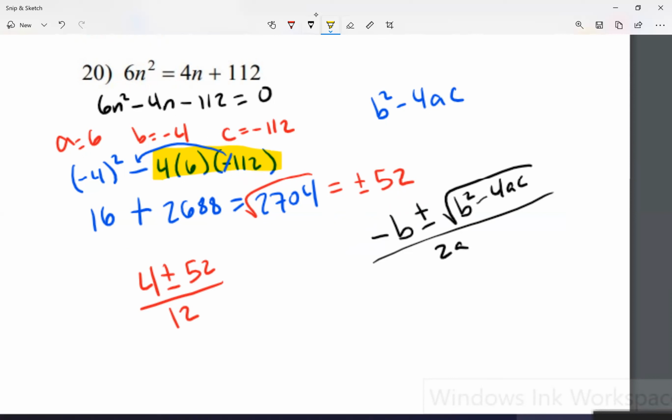I'm like, oh, I can divide them all by 4. So I'm going to divide everything by 4. So it simplifies to 1 plus or minus 13 over 3.